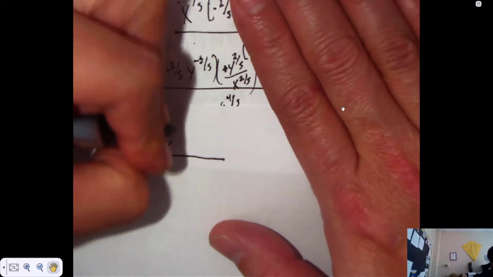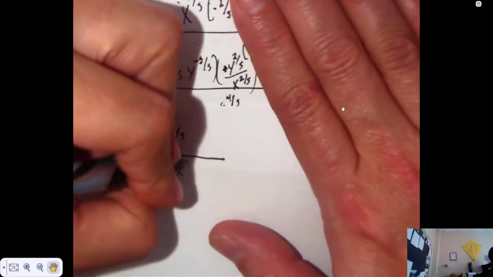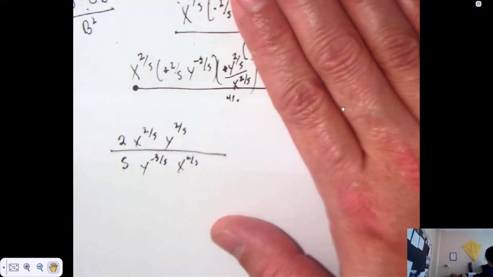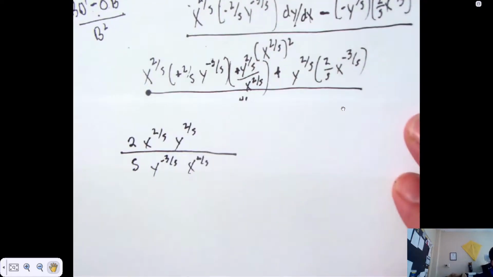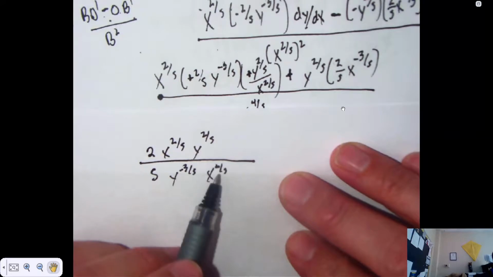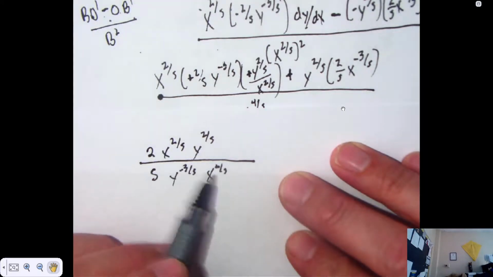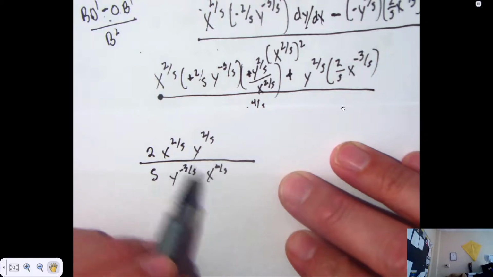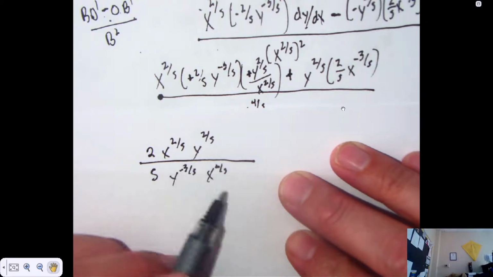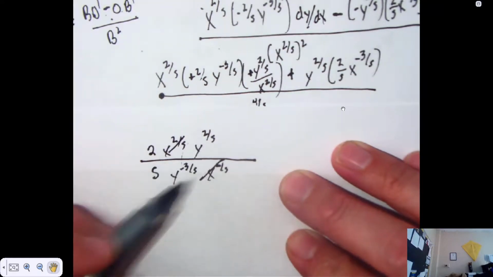I have a y to the 2/5 up high, and I have an x to the 2/5 down low. And normally I'd move on to the next one, but this thing is going to clean up a lot. There's an x to the 2/5 up high and down low. You see that? So they cancel. And this piece right here can be worked with.